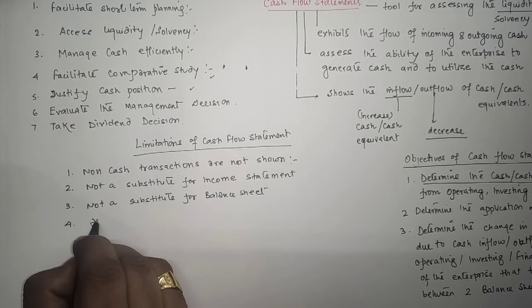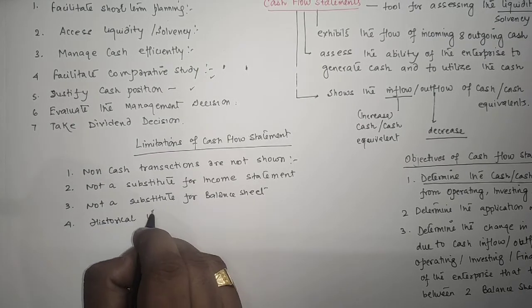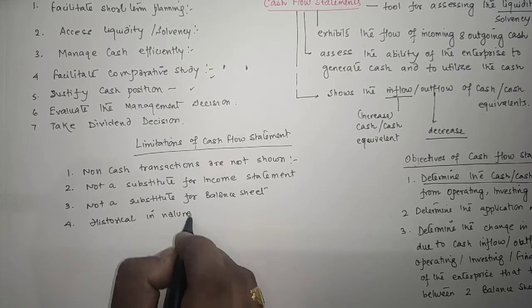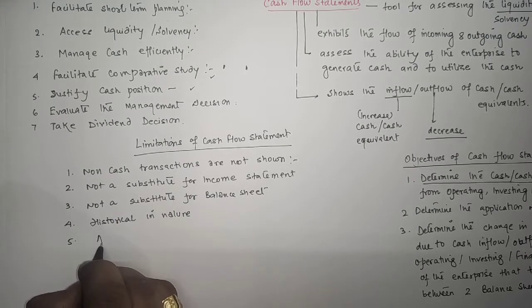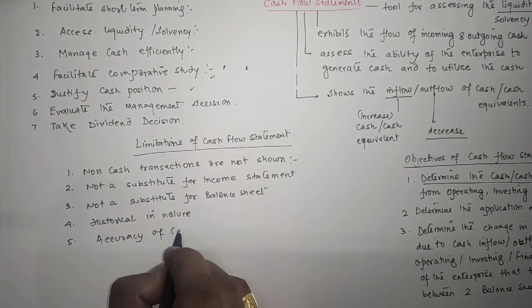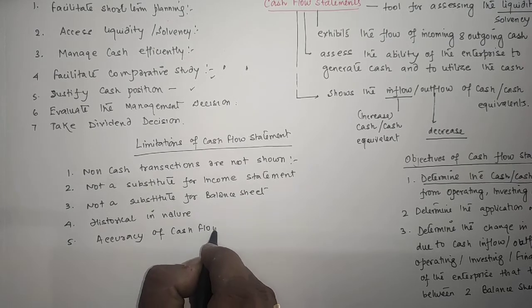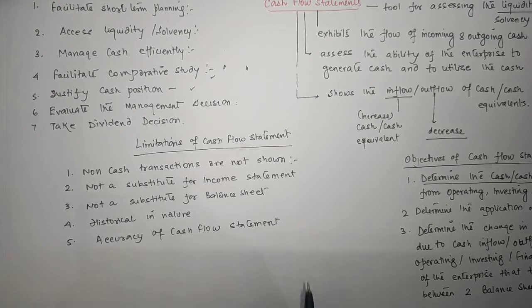Number 4, it is historical in nature. Then number 5, accuracy of cash flow statement. The real accuracy depends upon how the financial statement of the company has been prepared.